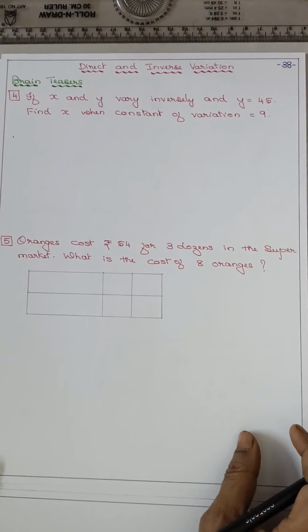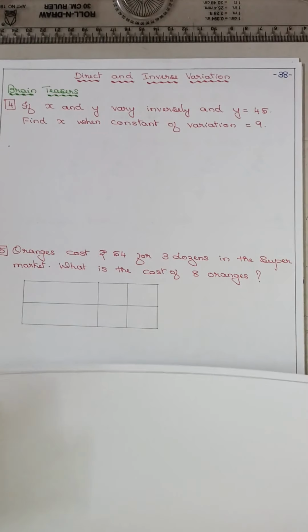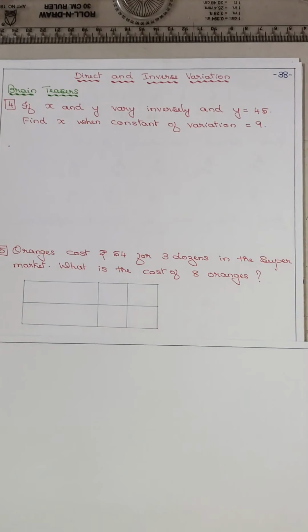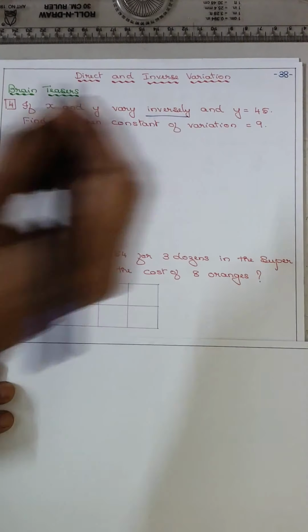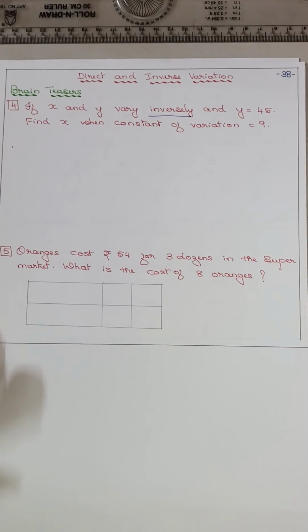Now coming to question number 4, if x and y vary inversely, already they have given they vary inversely, y is equal to 45, find x when the constant of variation is 9. Already we have discussed in the first question this type of sums, isn't it?